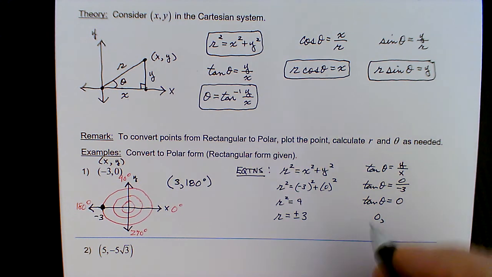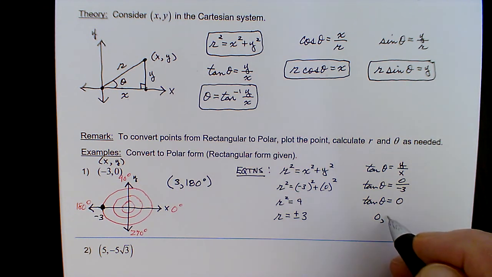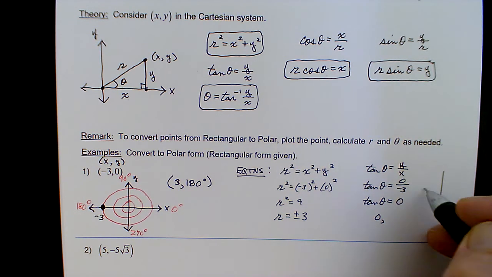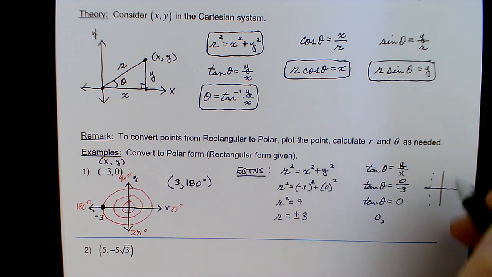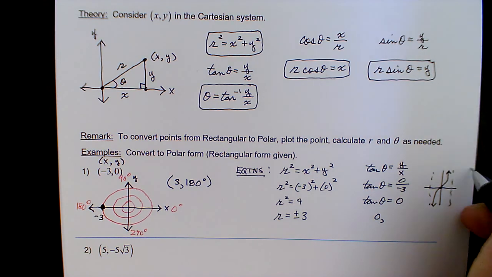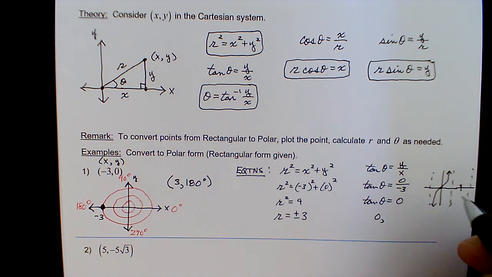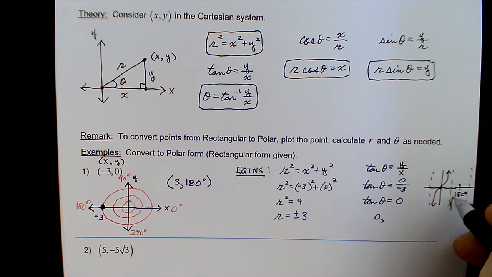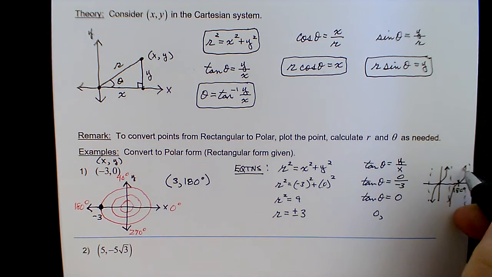It's actually at 0. If you look at the graph of the tangent, at 0 degrees, that's what it looks like. There's an intercept, but then every pi units, this would be 180 degrees. It repeats itself.